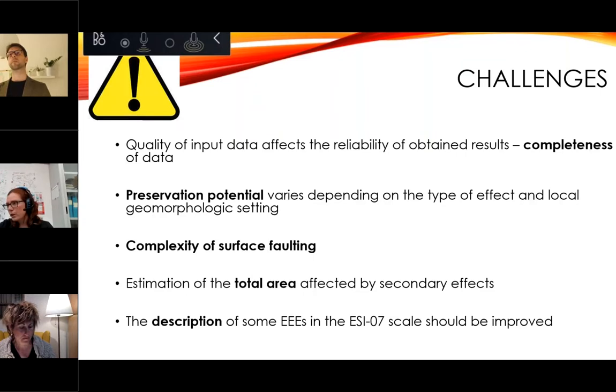Another point that has been pointed out in the literature is that primary surface faulting can be very complex in the shape or in the amount of faulting. And so here we have an issue if we think from a paleoseismic perspective.